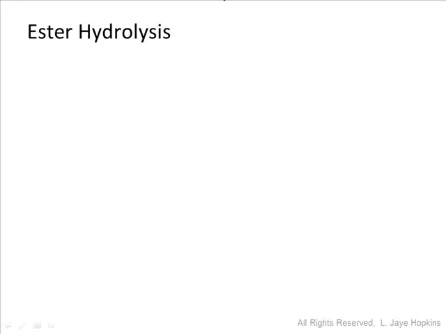This brings us to the last ester chemical reaction that I'd like you to learn, and it's what's called ester hydrolysis. We've seen hydrolysis before, most notably in the section on acetal hydrolysis. And there we learned that hydrolysis means breaking something apart by chemically adding water.